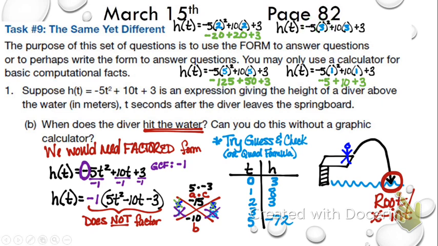What will that give me? Negative 45 plus 30 plus 3. We get negative 12. Has he hit the water? Yes, he's like 12 meters below the water. So somewhere in here, he hits the water.